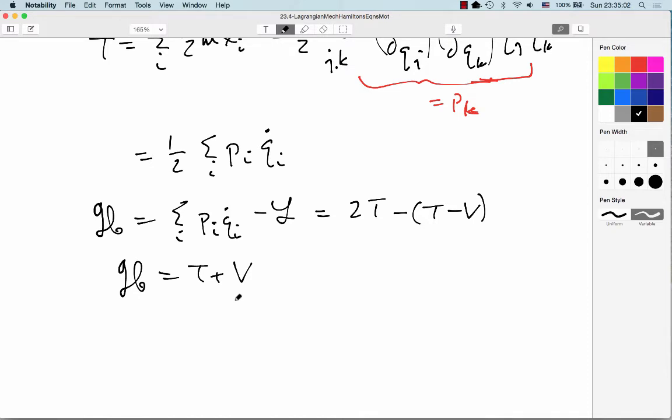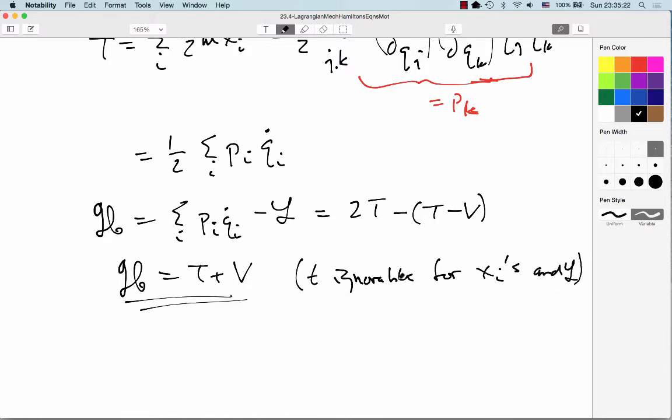So we need t ignorable for the x_i's. Well, actually, and the Lagrangian. So pay some attention here.